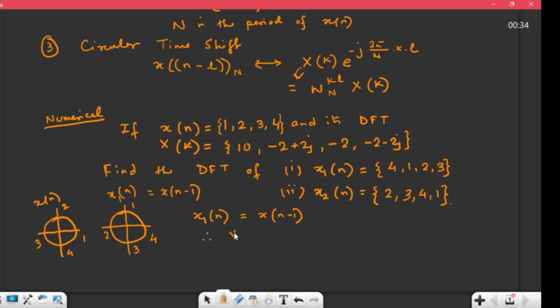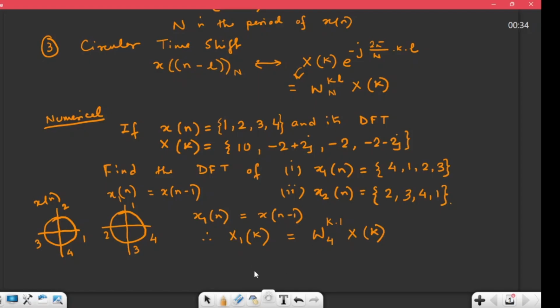Therefore, X1(k), the DFT of x1(n), is equal to W4 to the power k into L. L is 1, so k into 1 into X(k).